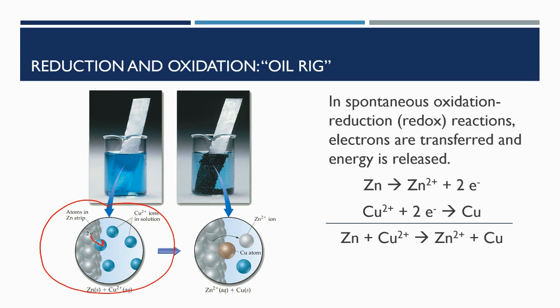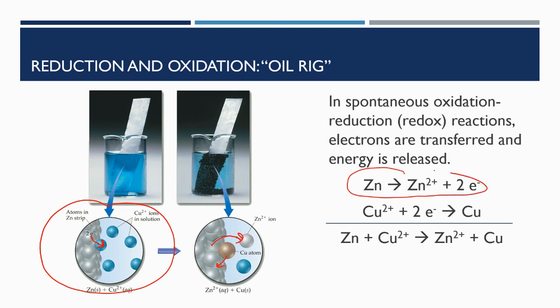They lose 2 electrons to the copper ions that are floating around in the solution. So the zinc ions come out of the metal and now are ions floating in solution. The copper atom, which gained 2 electrons, will now just attach itself to the surface of the zinc as a neutral copper atom. And so the 2 half reactions are written over here on the right.